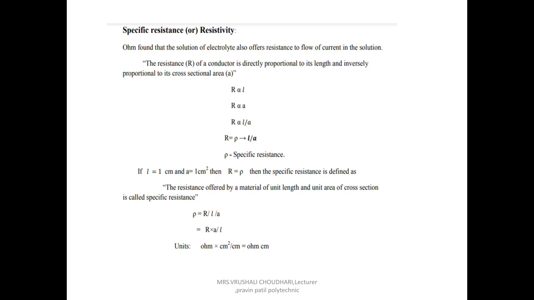Specific resistance. The resistance of a conductor is directly proportional to its length and inversely proportional to the area of cross section. Ohm's law found that a solution of electrolyte offers resistance to the flow of current in the solution, and that resistance of a conductor is directly proportional to the length and inversely proportional to the cross sectional area.